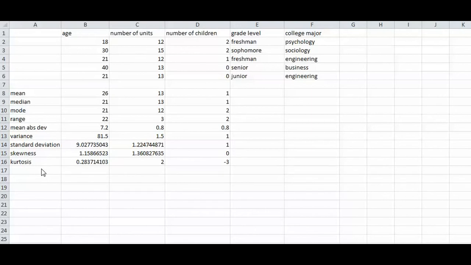The same thing is true for correlation coefficient, meaning I'm not going to show you how to calculate a correlation coefficient by hand, but I just want you to understand the idea behind a correlation coefficient. There is a formula that can be used to calculate it by hand, but we won't use that formula in this class. Just like how we aren't using the formulas that would be used to calculate skewness and kurtosis by hand.